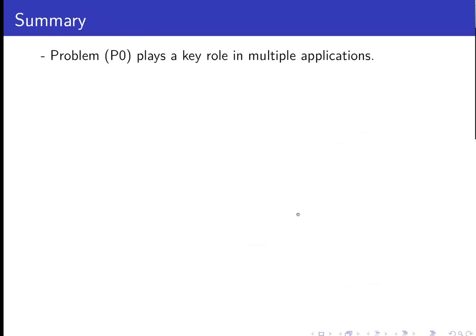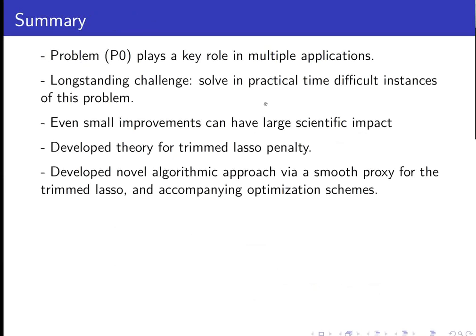So I'll conclude here by saying that the original problem I talked about, best subset selection, plays a key role in many, many applications. It's a long-standing challenge to be able to solve these instances in practical time. And even small improvements can have a large scientific impact, for example, in identifying which variables affect some disease or things like that.